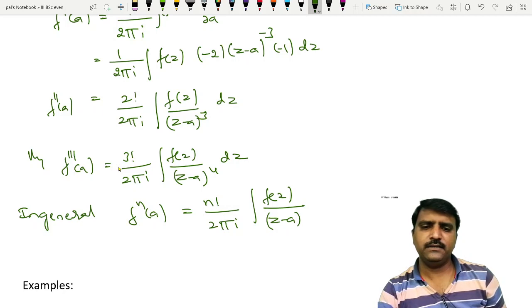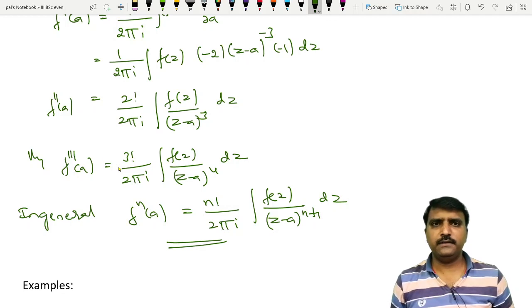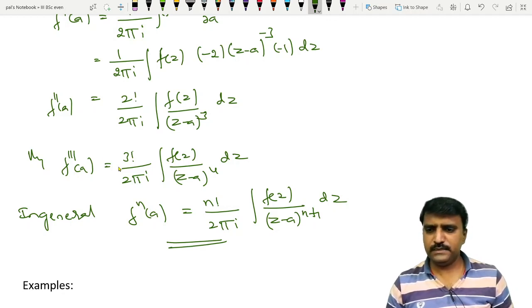If we take nth order, it must be n plus 1, into dz. So this is Cauchy's integral formula for derivatives.